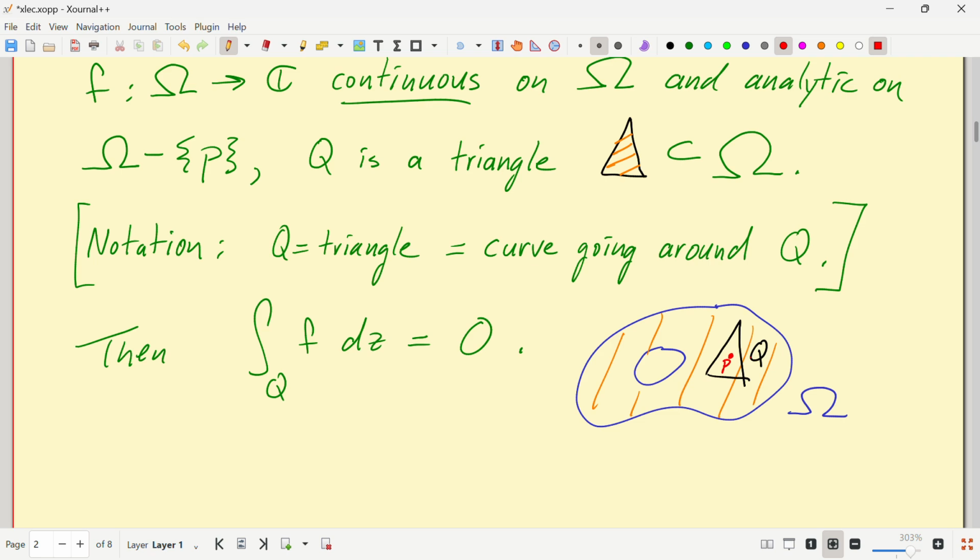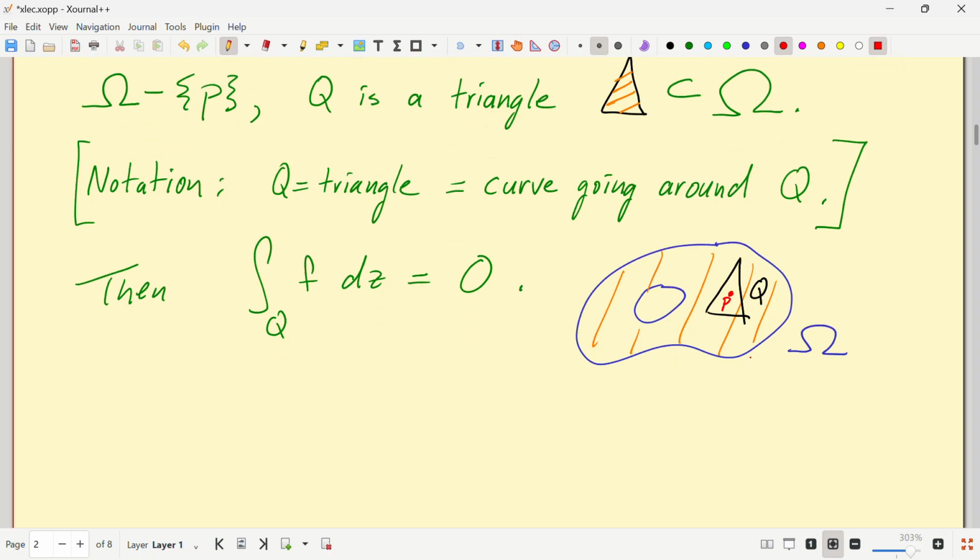There it is. Of course, triangles have piecewise C1 boundaries, so they're the type of curves we've been studying. Well, the proof is going to be fiendishly clever and beautiful, one of my favorites.